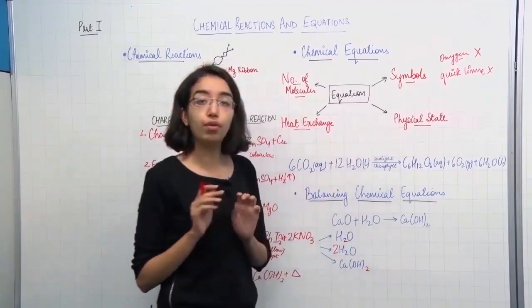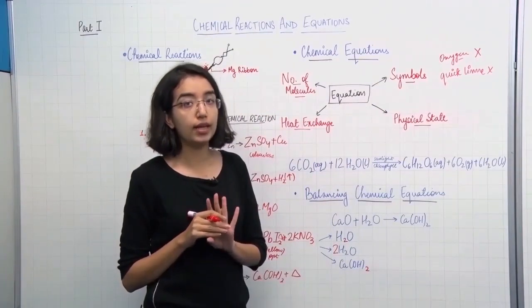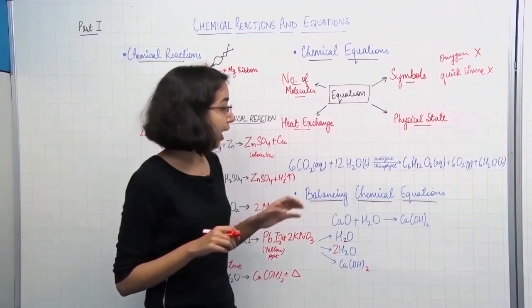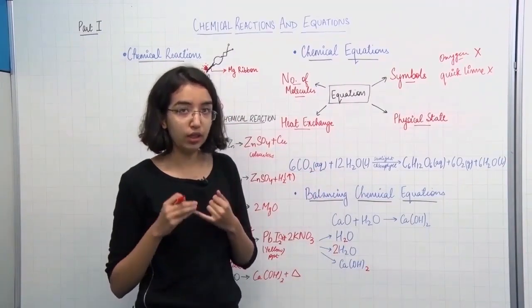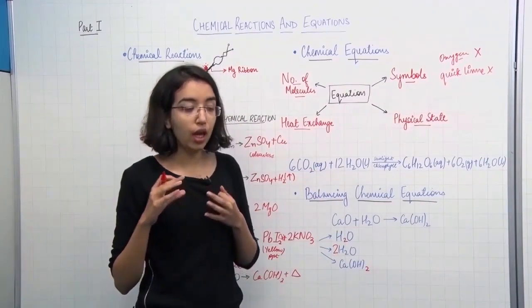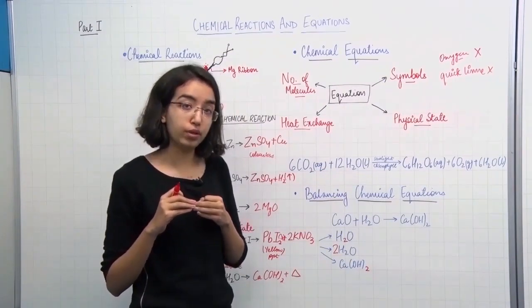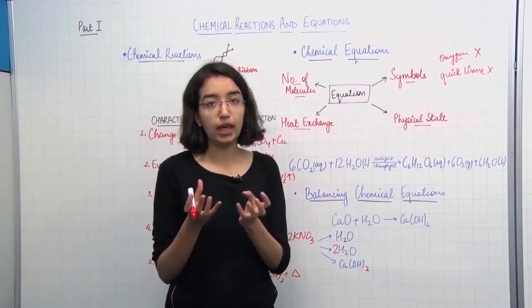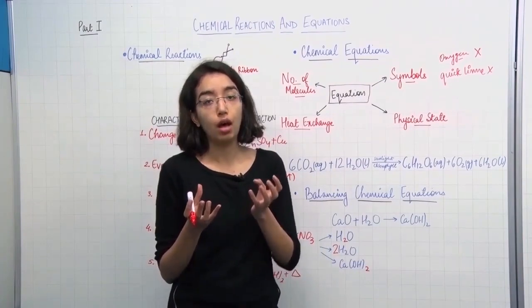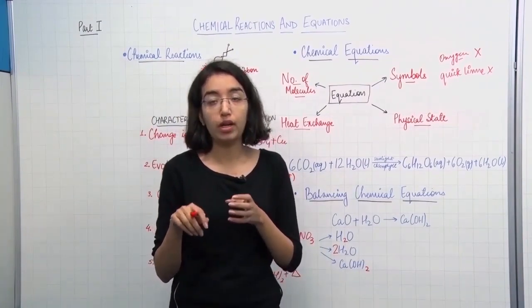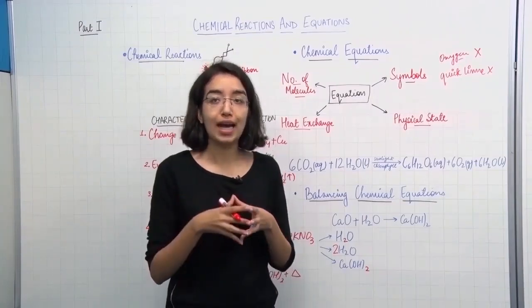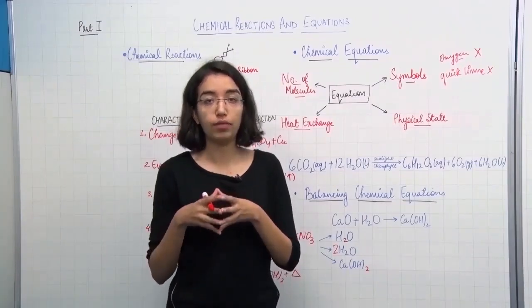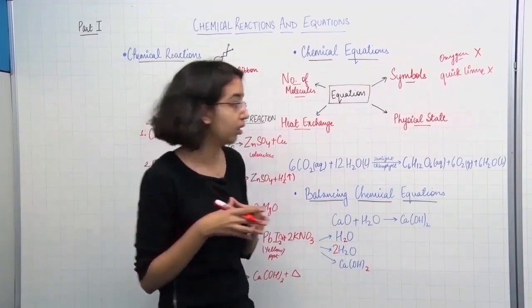Now moving on to the fourth component of a chemical equation, that is the physical state. Every atom is reacting in a particular state. It is either solid, liquid or gaseous. Physical state is very important because sometimes when two solids are kept together, they might not react. But when they are dissolved in water, when they are in an aqueous state, then they do react. So it is important to understand the physical state of the reactants and the products.